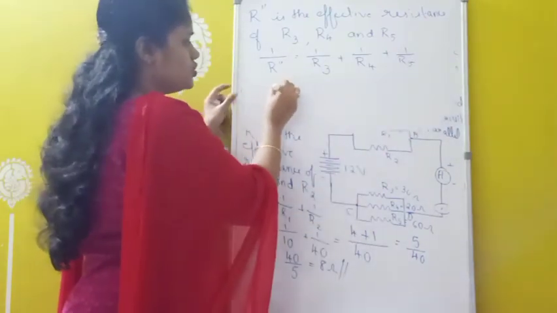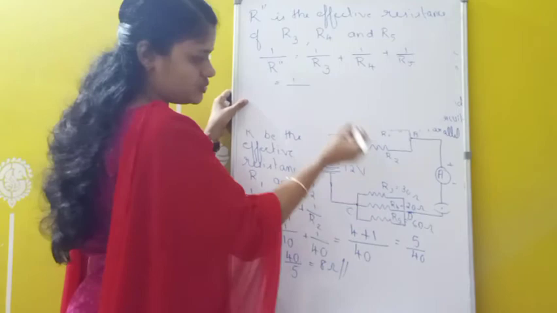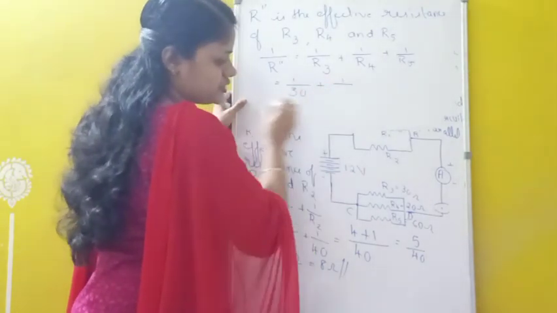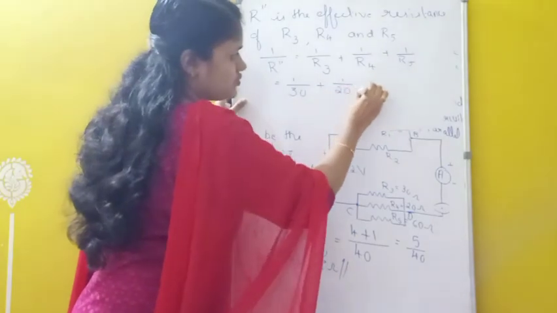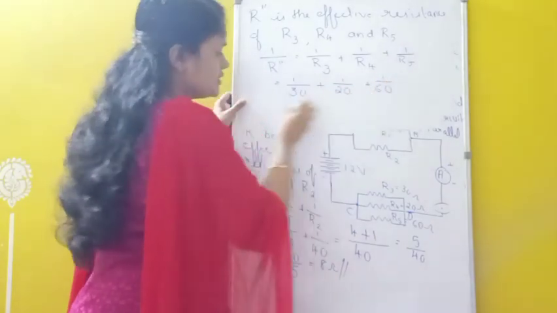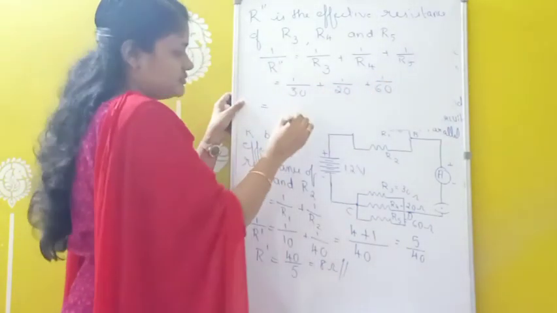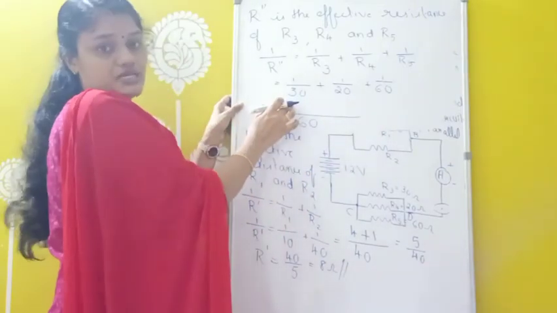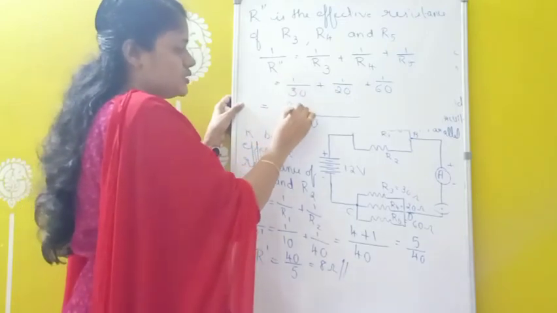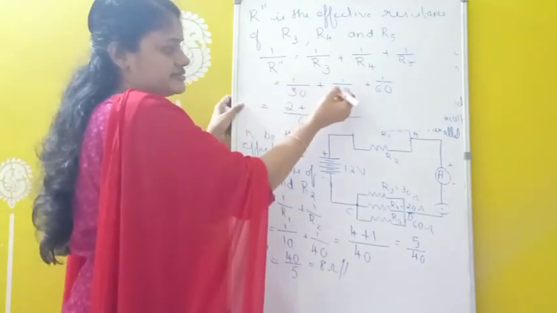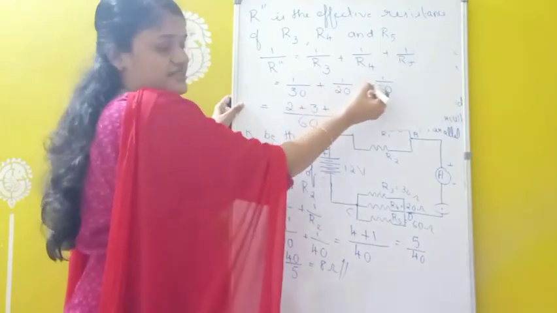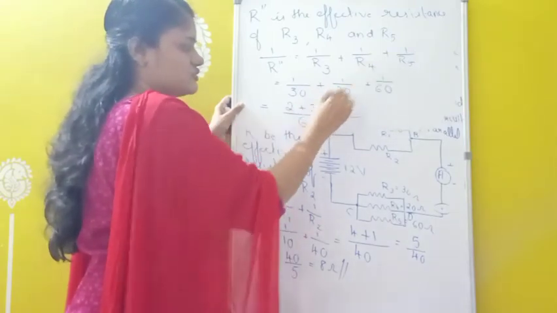So that is equivalent to 1 by 30 plus 1 by 20 plus 1 by 60. So the LCM, that is 60. 60 is the LCM. Okay. So 60 by 30 becomes 2, 2 into 1 is 2. Plus 60 by 20 is 3, so 3 into 1, 3. Plus 60 by 60 is 1, so 1 into 1 is 1.